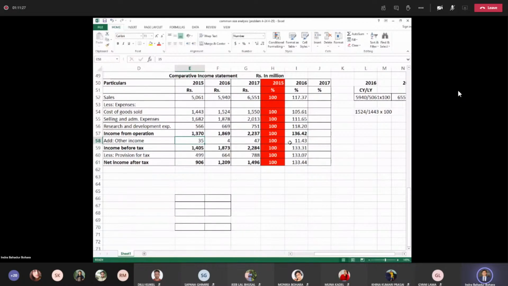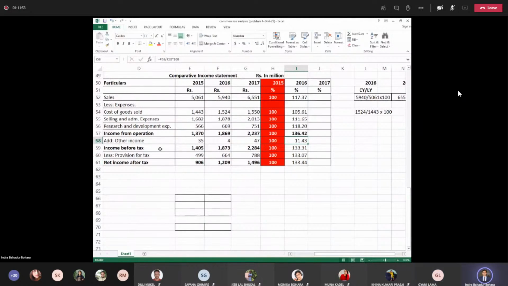Is it a positive or negative value? It is 11%. Only 11% of the base here, a decrease. Each and every component will be analyzed like this. So here 35, 11.43 percentage decrease.